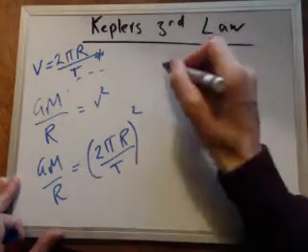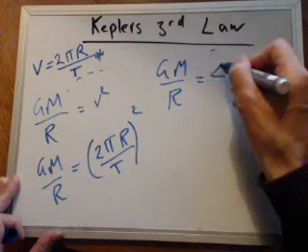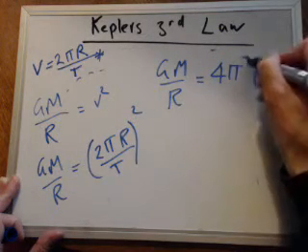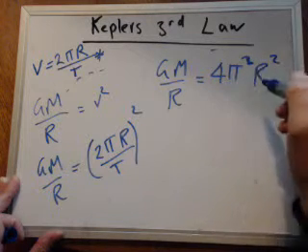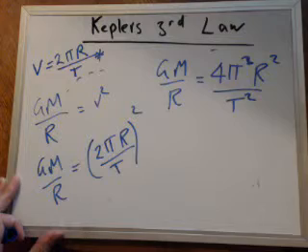So GM over r is equal to 4 pi squared r squared over T squared.